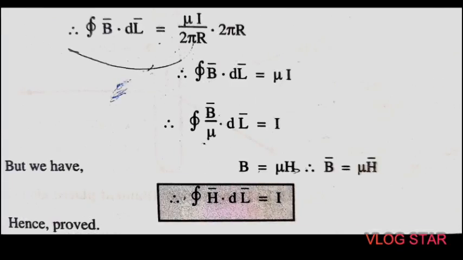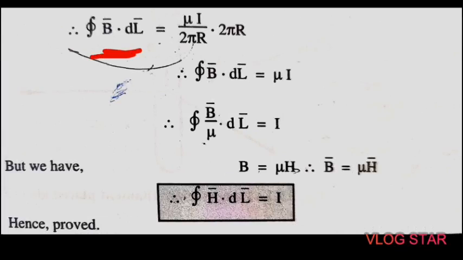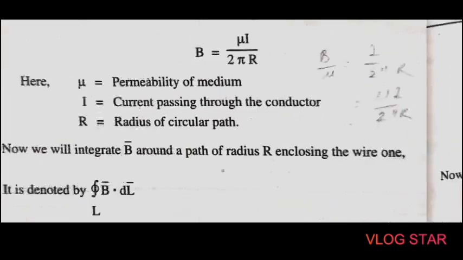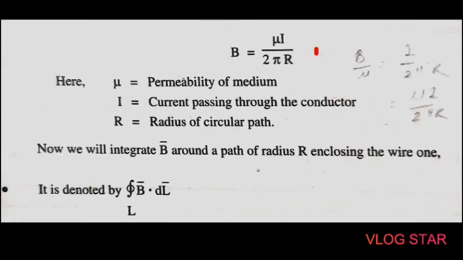Then in the second equation, the left hand side will be the same. At the right hand side, B into 2 pi r is there, and according to the Biot-Savart law we know that the value of B is equal to mu I upon 2 pi r.